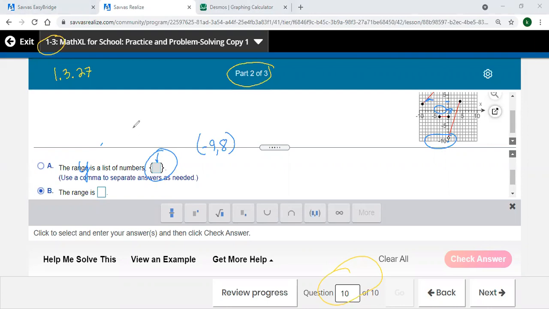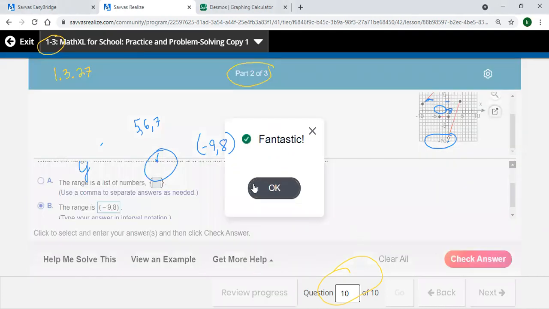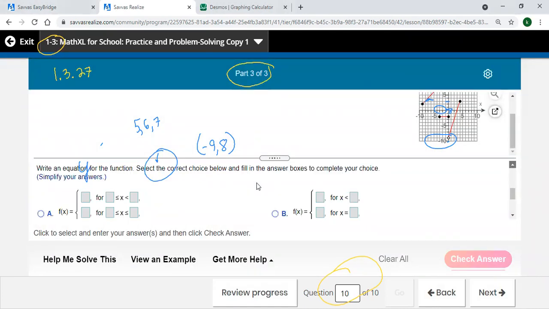Like if we were just at the specific points, 5, 6, and 7, and not a range in between. But we have a continuous line here that covers all of the numbers from -9 to a +8. If I looked at that correct, so let's check and see. Right, so far so good.